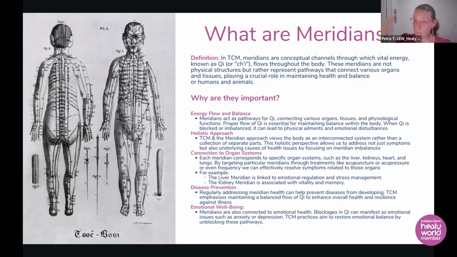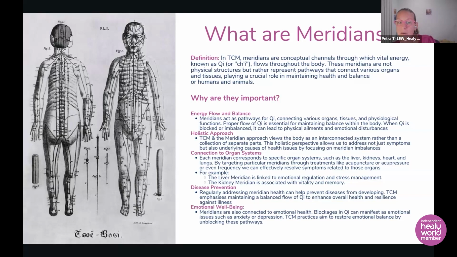And if we have a proper flow, meaning things move normally like a river would normally flow, it is maintaining our well-being and energy, because we know when we lack energy, we lack vitality.